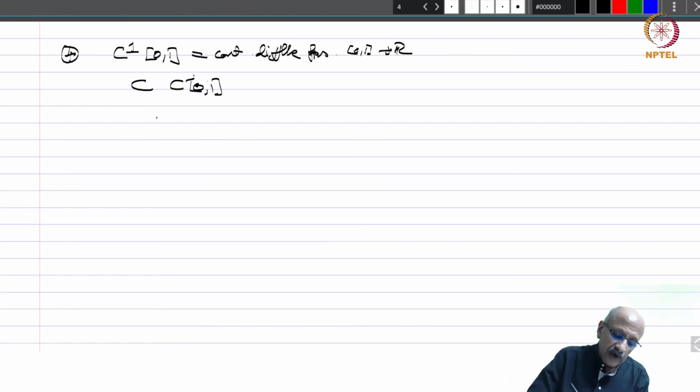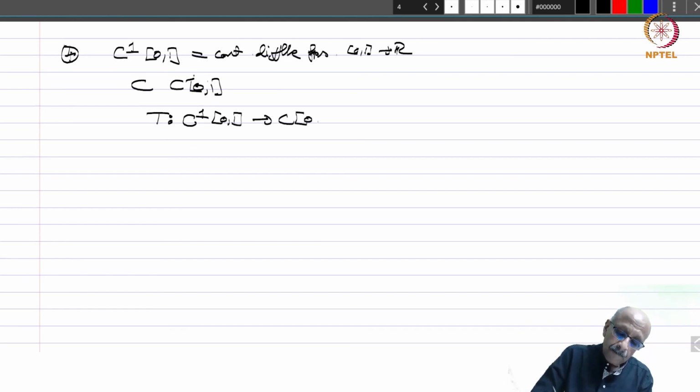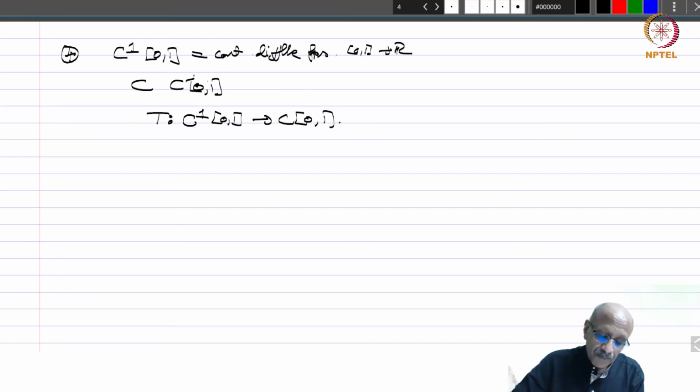So now we define T from C1[0,1] to C[0,1], both with the same sup norm, and T of f is f', the first derivative, because every function here is differentiable and the derivative is continuous, so this makes sense. I want to show that this is a linear map, but not continuous.